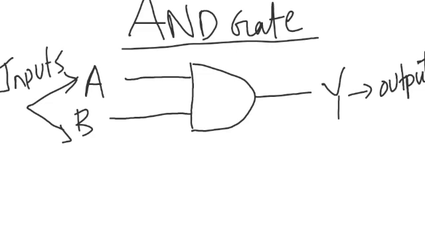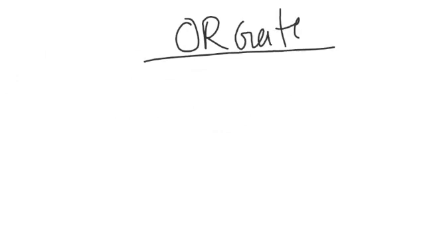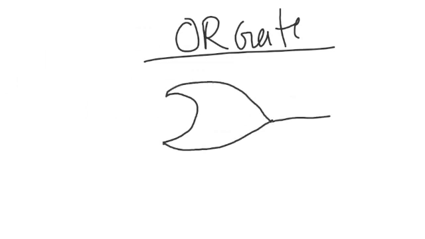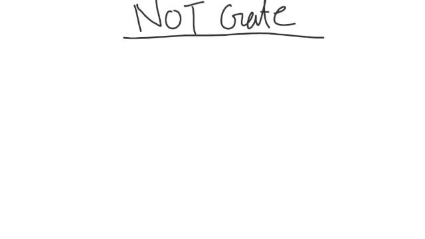Let's go to the OR gate. This is how the OR gate looks like. There are also 2 inputs, A and B, and 1 output, which is Y. Then the NOT gate. The NOT gate is slightly different. It looks like this.